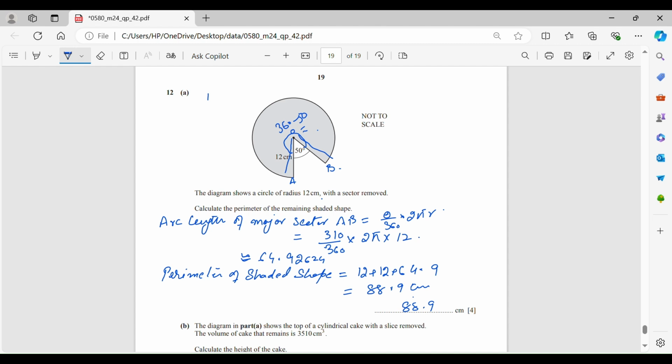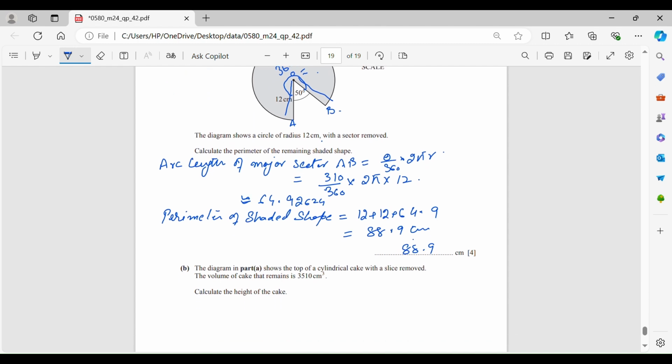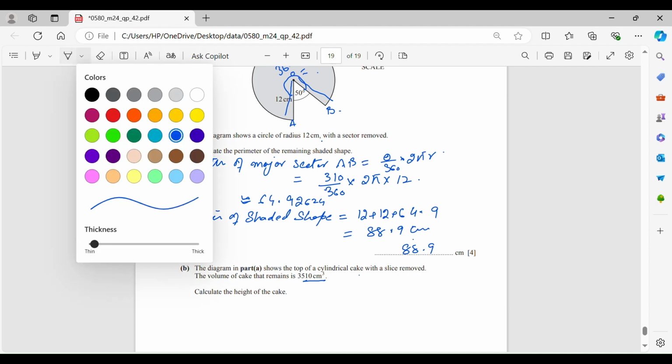Next, B part. The diagram in part A shows the top of the cylindrical cake with the slice removed. The volume of the cake that remains is this. So calculate the height of the cake. So we need to find the height of the cake. Let me make a small figure for you so that you can understand it easily.